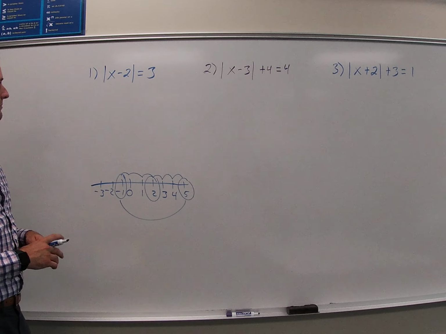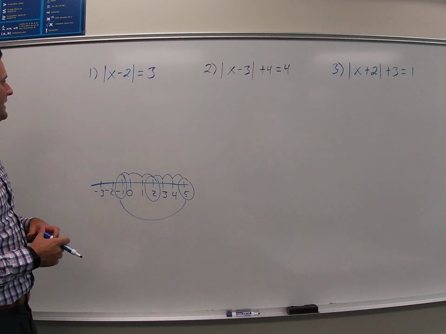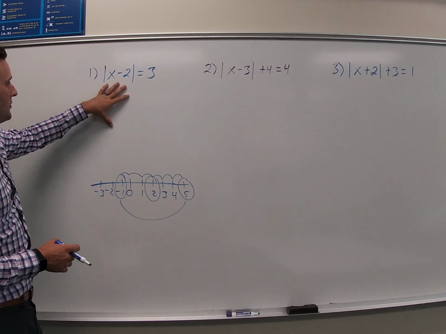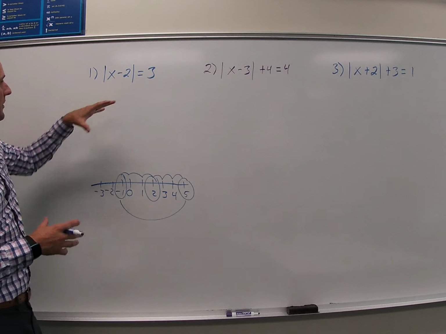So let's see how it works mathematically or algebraically. When I see absolute value, I want to isolate the absolute value bars or get them by themselves. Because there are no numbers on the outside of this absolute value before the equal sign, that first part is done. But now I want to get rid of the absolute value bars. So how do you undo or get rid of absolute value bars?